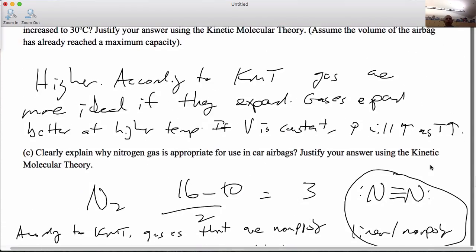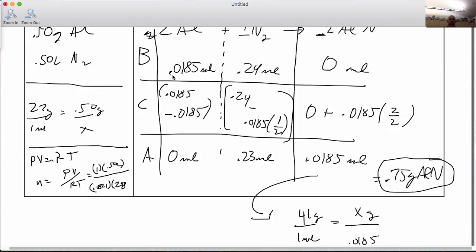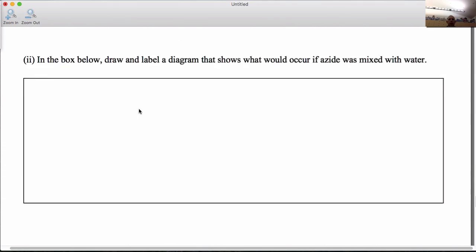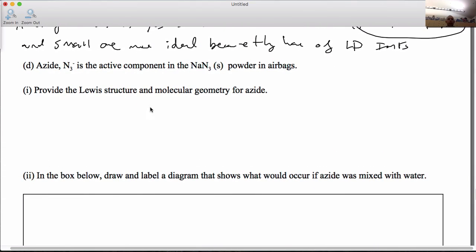So azide, we got this azide thing, this N3 deal right here, kind of a weird deal in this molecule, and it wants us to talk about that a little bit. So provide the Lewis structure for N3. All right, let's go ahead and do that. So what does it want? Well, it wants 8 times 3. It's going to be 24. What does it have? It has 5 times 3, which is 15, plus 1 is 16, divided by 2.